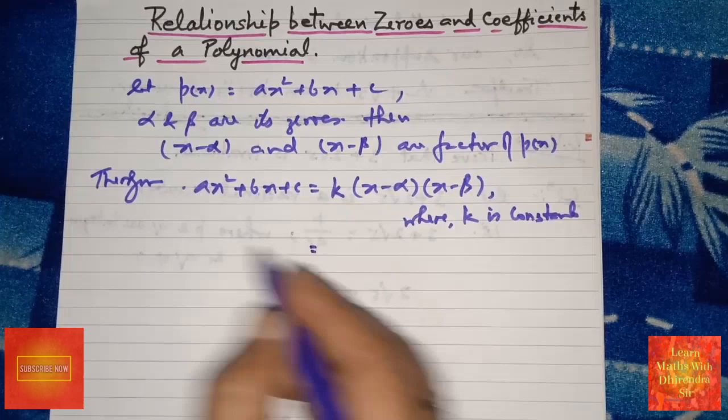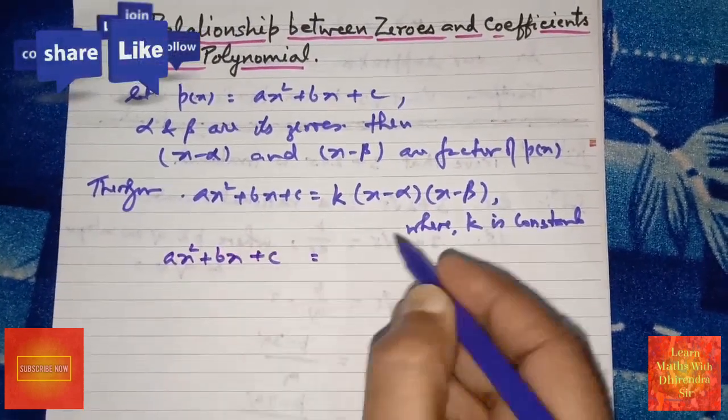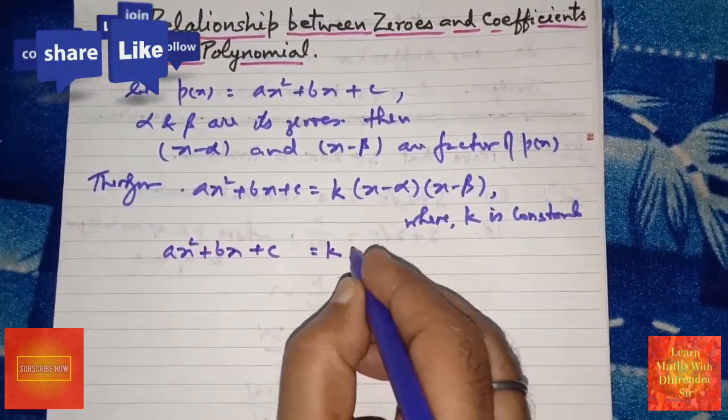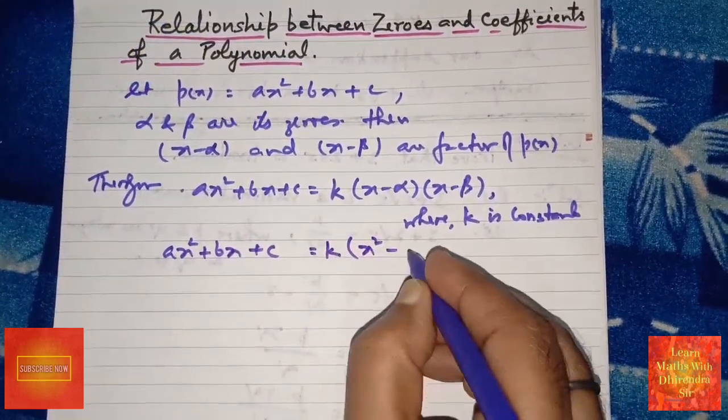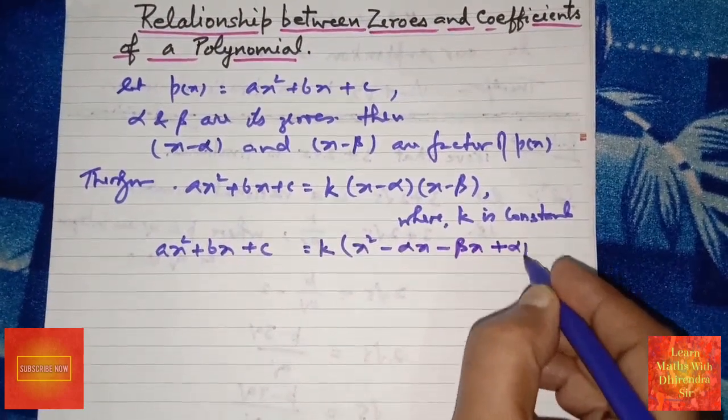After solving we get k x square minus k alpha x minus k beta x plus k alpha beta. After simplification, taking common, we get x square minus (alpha plus beta) x plus alpha beta.